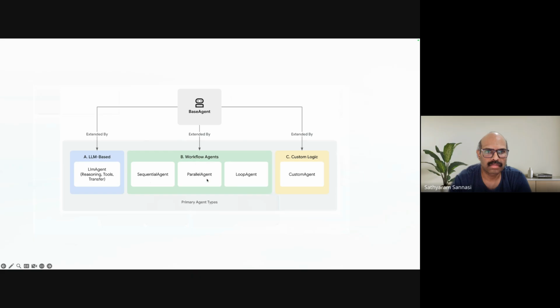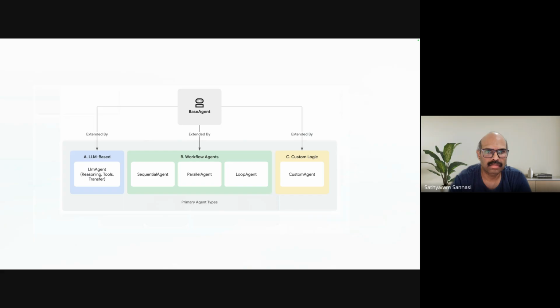There is a parallel agent, where you define which agents can run in parallel, and a loop agent, where you can call the same agent and build a loop. Of course, you always have to put in exit logic, say the number of times it can execute is 5. The loop agent is very useful.